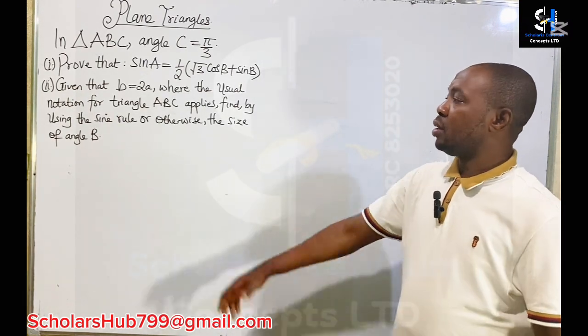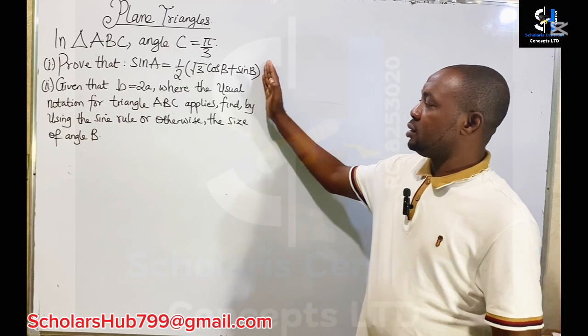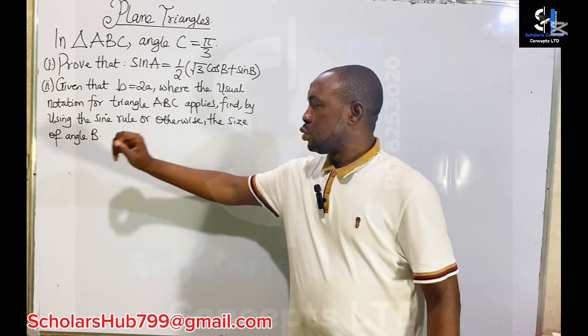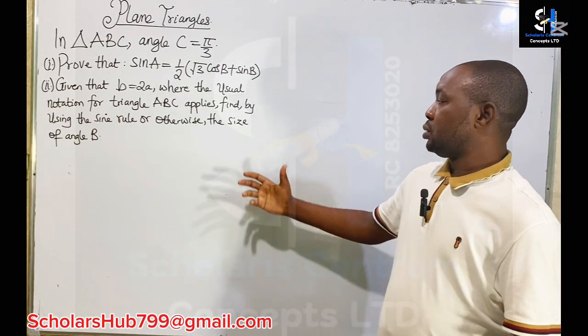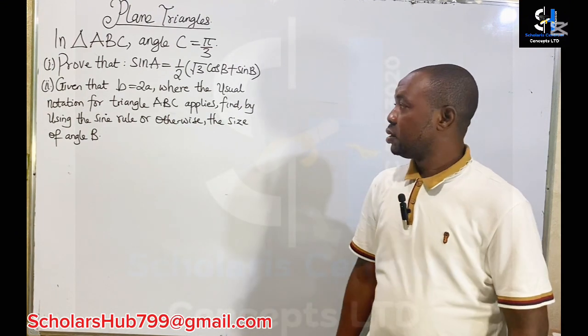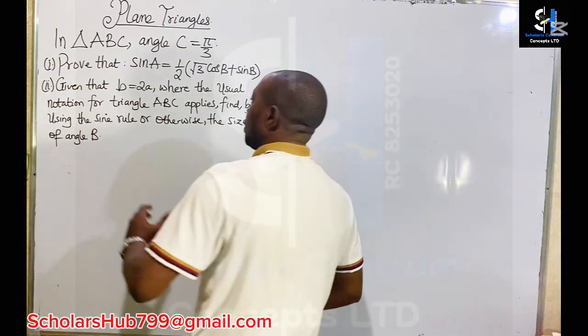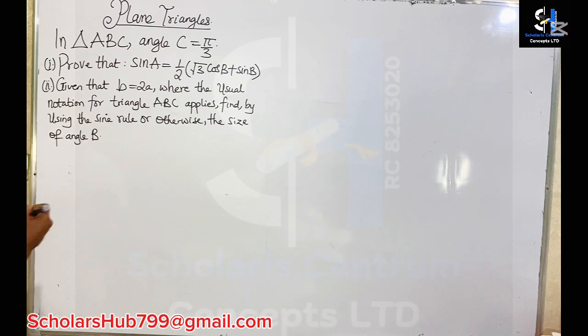So now let's see how we can prove this identity and also how to determine the size of angle B. Now we have a triangle ABC.